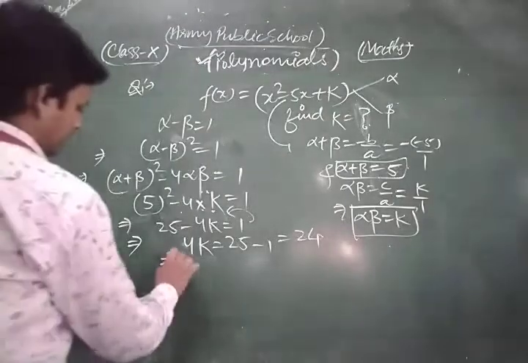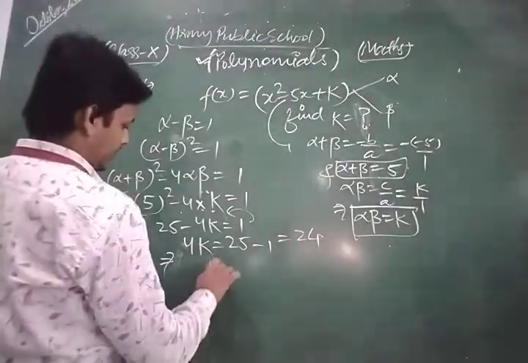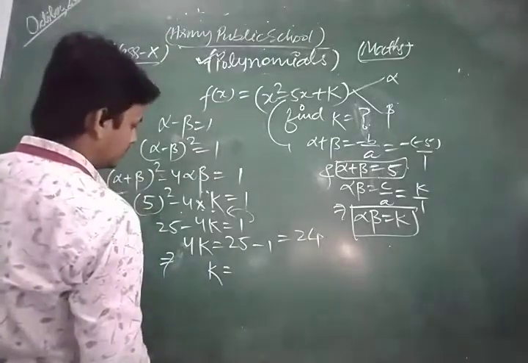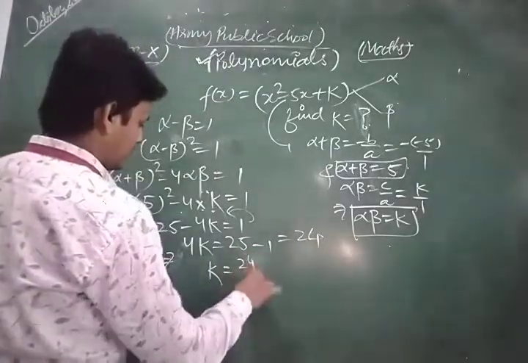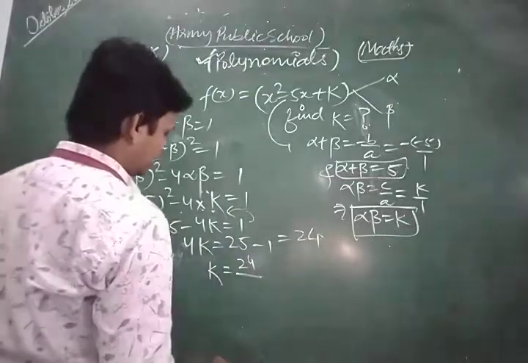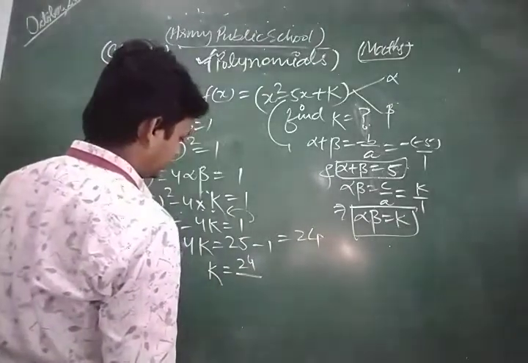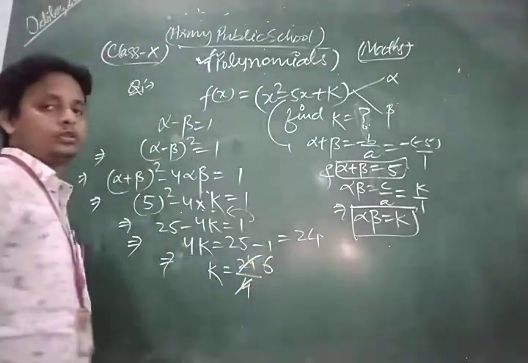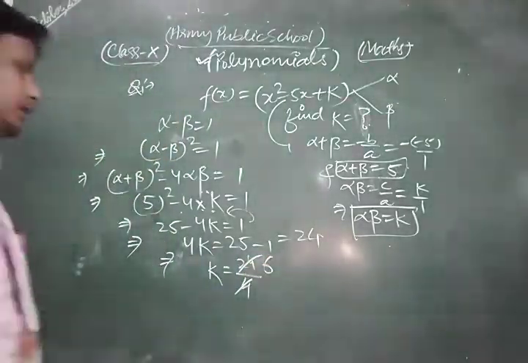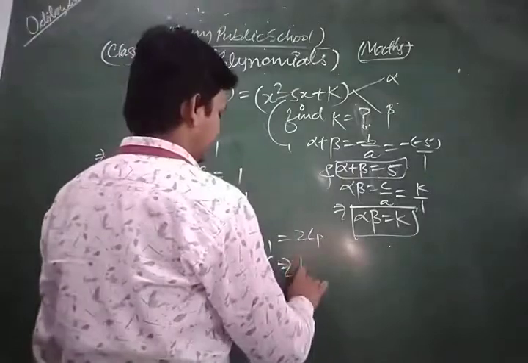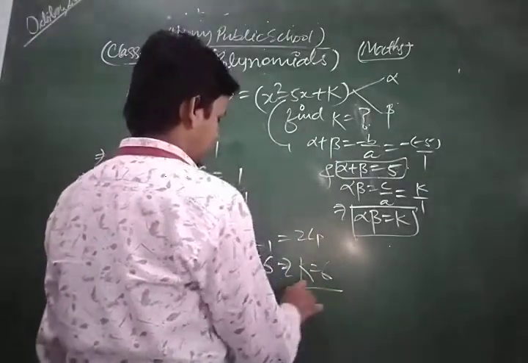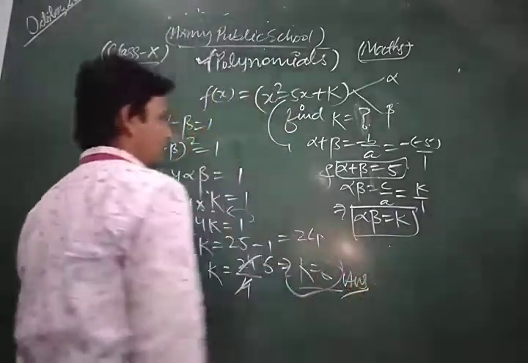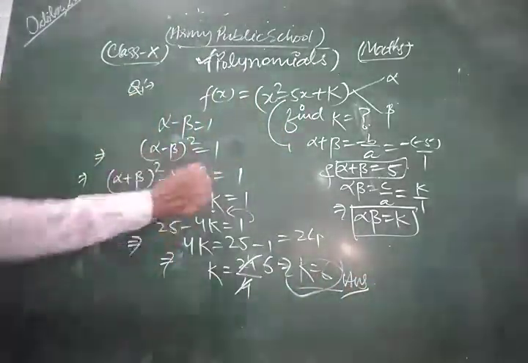So k is equal to 24 upon 4, that is 6, since 4 sixes are 24. Thus the value of k is 6. This is the required solution of the given question.